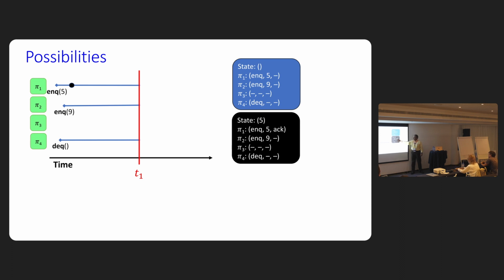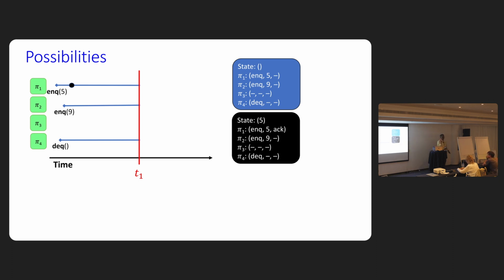It is ACK, and pi2 has not taken effect, and pi3 of course has no operation. Pi4 has not taken effect yet. So, this captures the notion that pi1 alone has taken effect and others have not, and in that eventuality, the state of the queue would be this. So, this is a possibility.